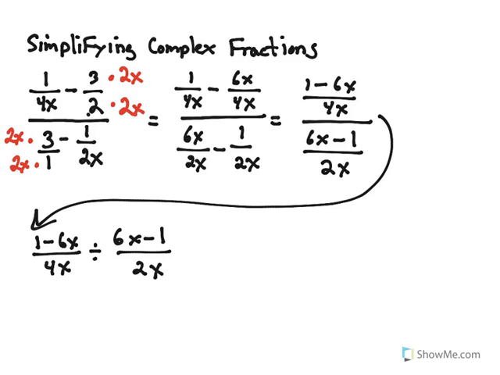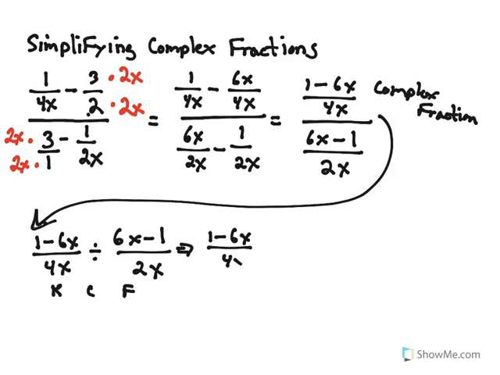So this complex fraction can be written like this, just like this, where the arrow is pointing. So now the rule of division is keep, change, flip. So that means that we are going to keep 1 minus 6x over 4x.